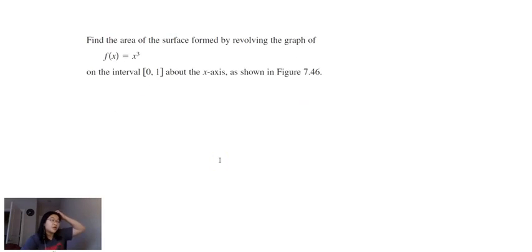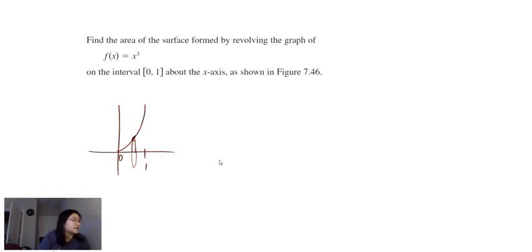Find the area of the surface found by revolving the graph x cubed on the interval from 0 to 1 about the x-axis. We're going to have our representative rectangle going this way.